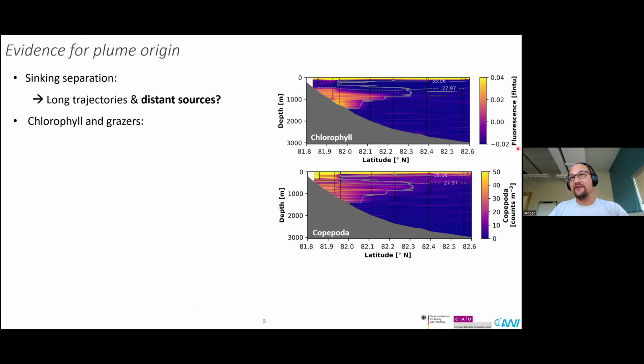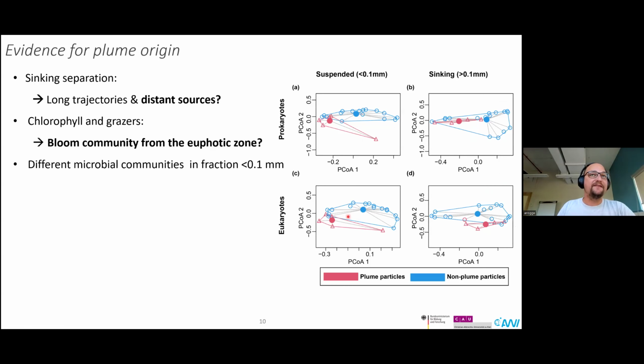So you can assume that they are kind of coming from a distant source. Next, we also saw in the plume an elevated signal of chlorophyll fluorescence. And in the UVP images, we also saw that we have a lot of grazers there, so especially copepods. So it seems that we had a bloom community from the euphotic zone there. And we also saw in our DNA data, so this is a PCA plot, which shows you the community differences from the different samples.